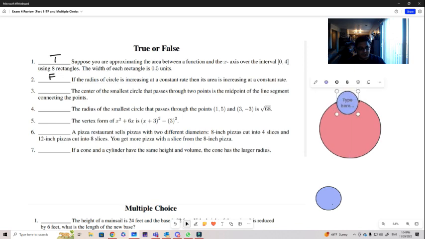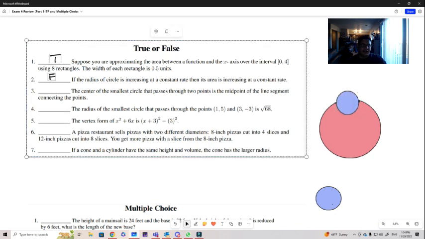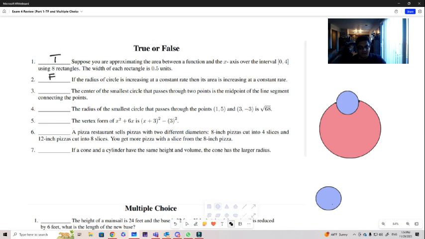We are using a circle that has those points as the extremes. So we can make a diameter between the two points. This here gives me that diameter, and so this is going to be the smallest circle possible that passes through these 2 points.